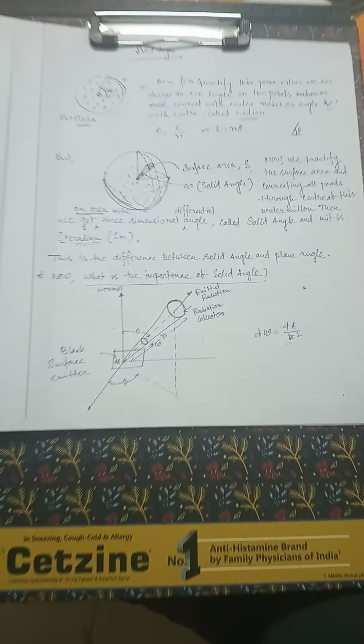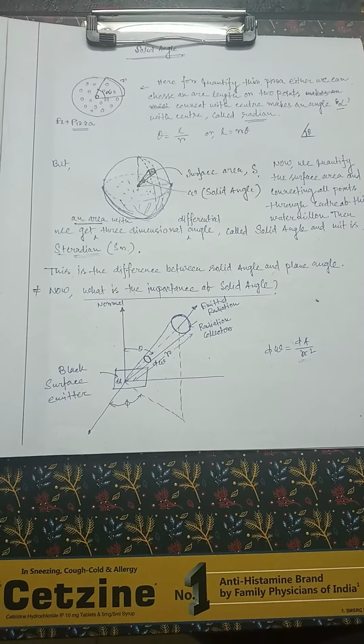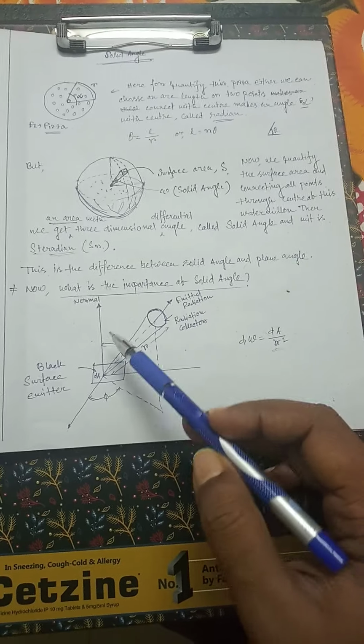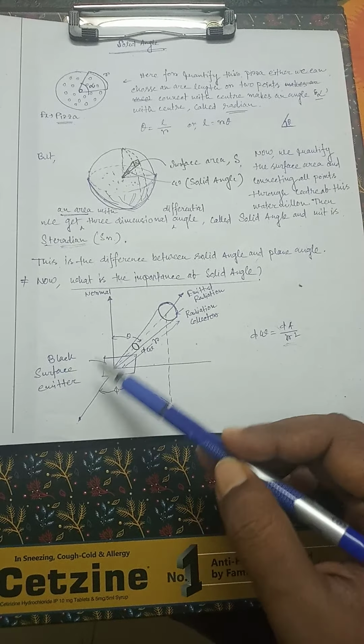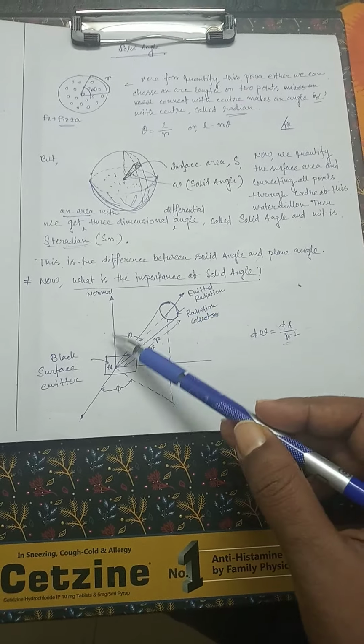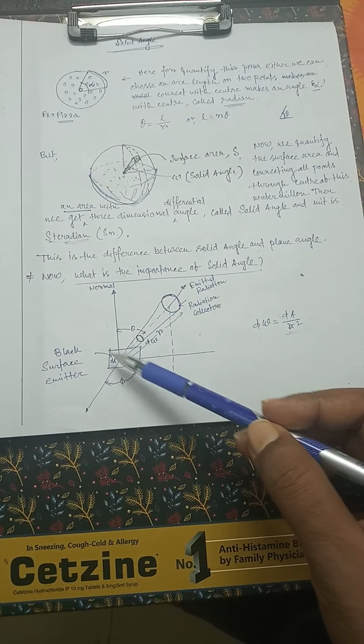Now the figure is shown. This is how these types of solid angle are created.